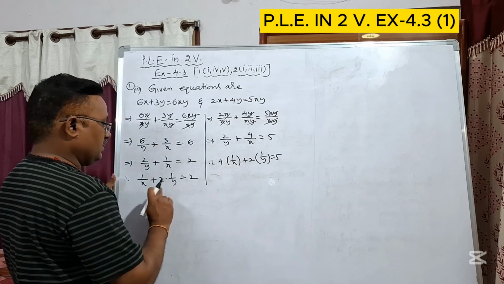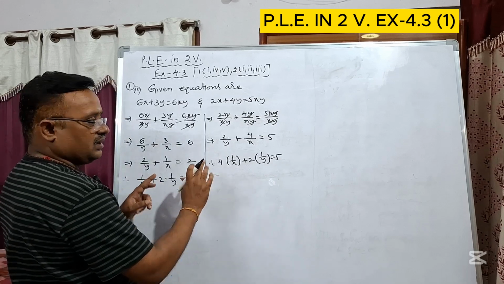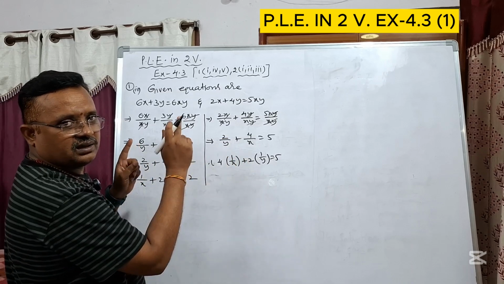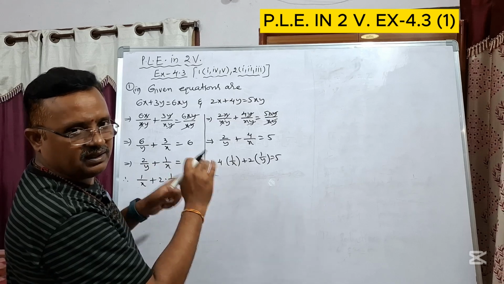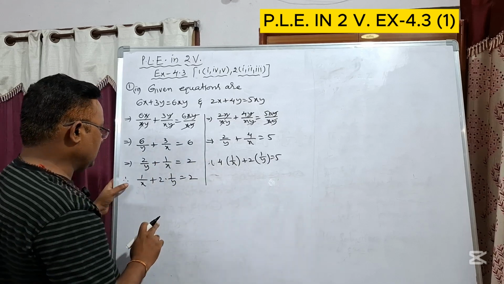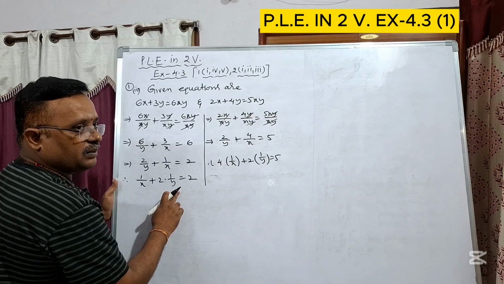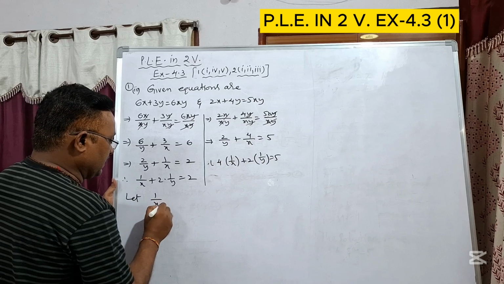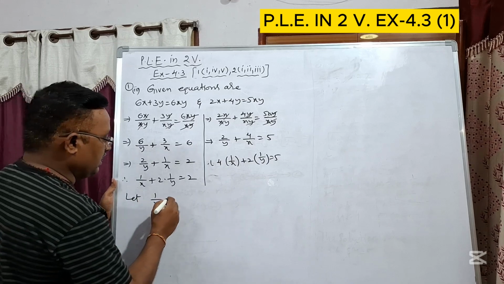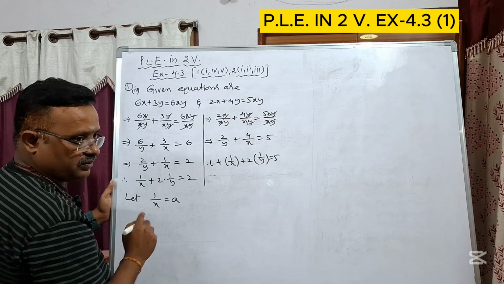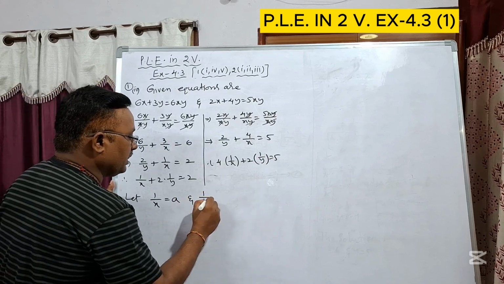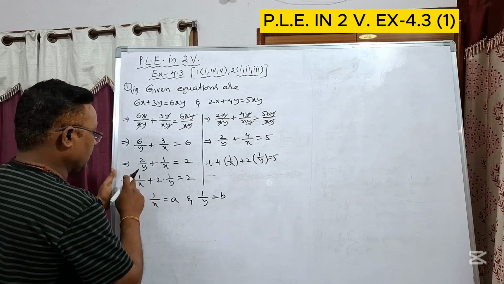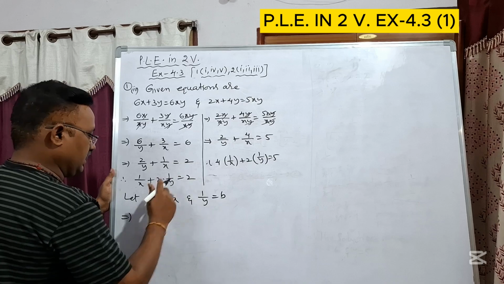Now these are new forms of the given equations. In this you can see variables are there in the denominator form. So let 1 by x, the reciprocal term of the variable, be a new variable a, and 1 by y as b. Then this equation will become a plus 2b equal to 2.